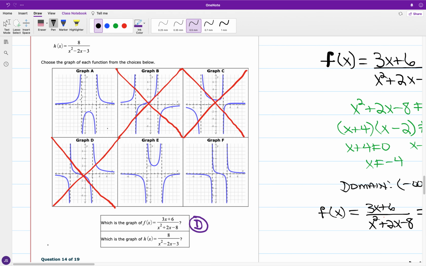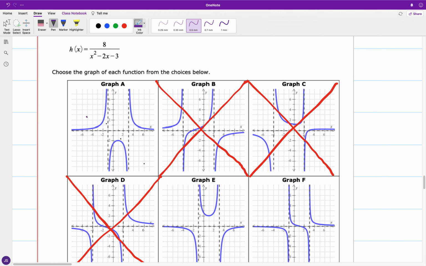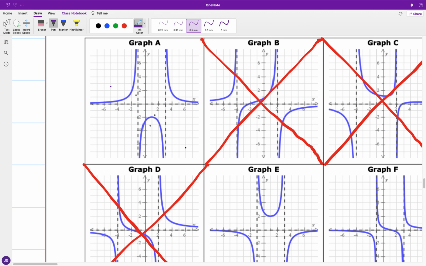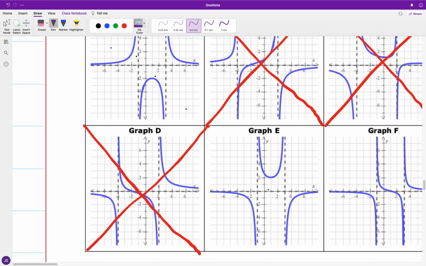If you notice, looking at the process, let me zoom in on this. For the y-intercept, it looks like you have -1, -2, -3. That might be the one in the running, whereas for graph E, the y-intercept is positive, almost +3, so this is going to go out.